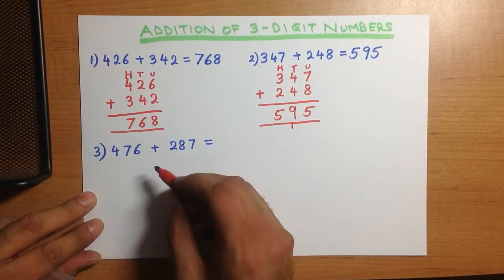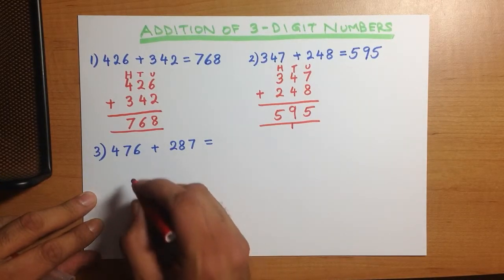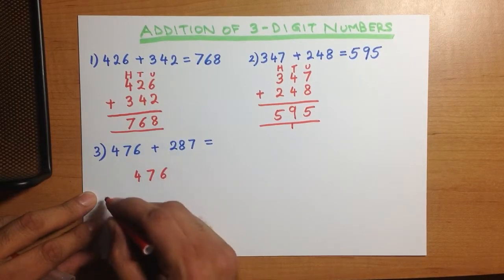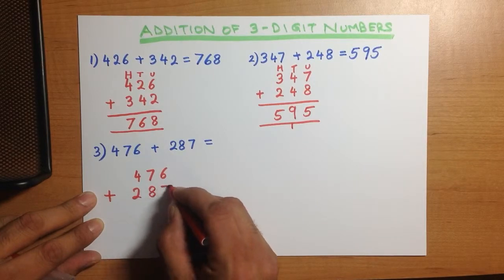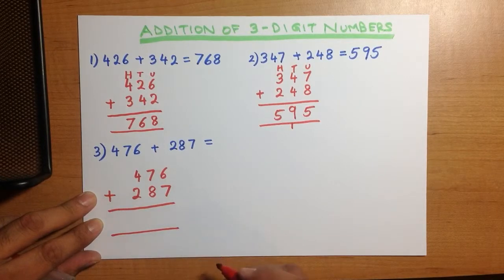But when we write this down in the vertical format, you'll see how simple it is. 476 plus 287. Let's put a nice big equal sign here.